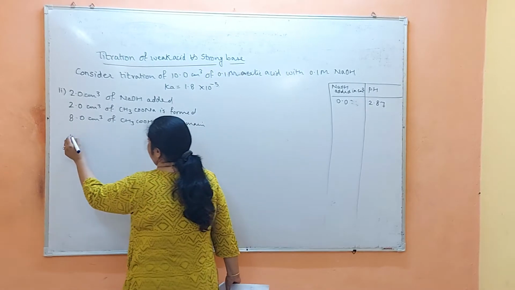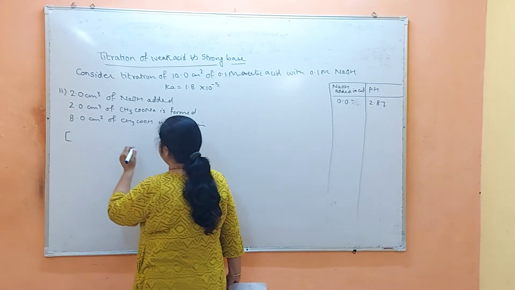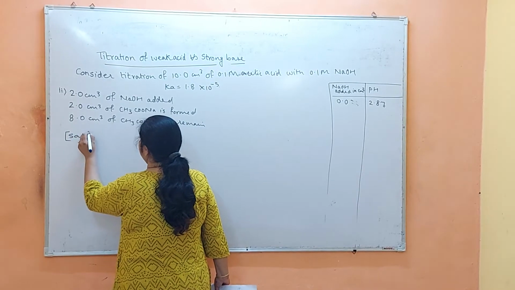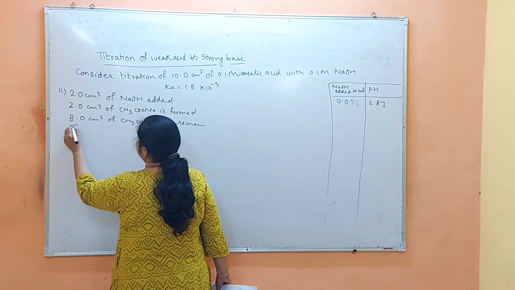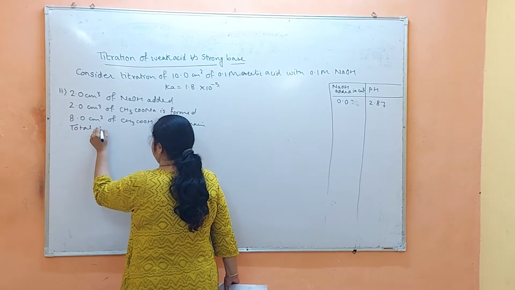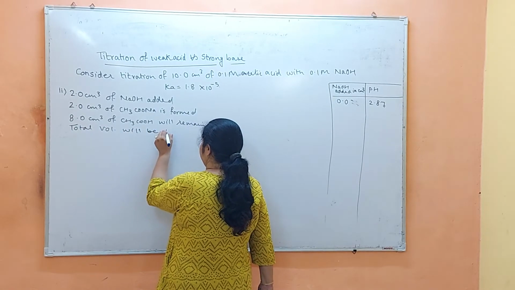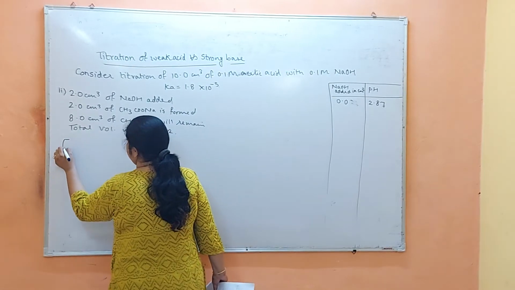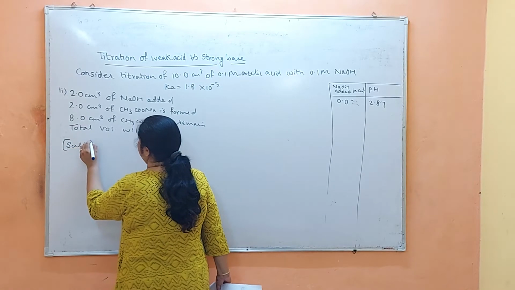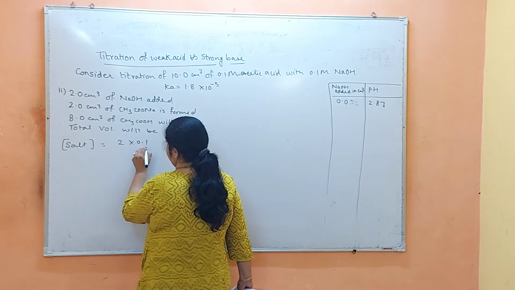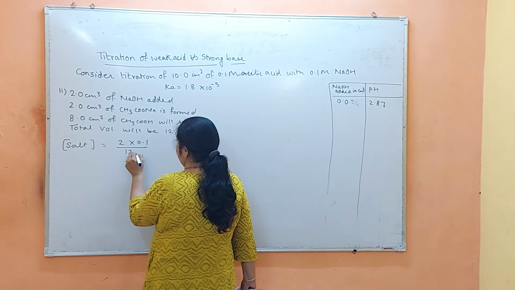Now see here, as we did in the previous case, the total volume here will be 12. So concentration of salt will be calculated as 2 into 0.1 upon 12.